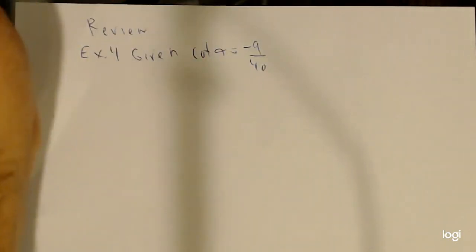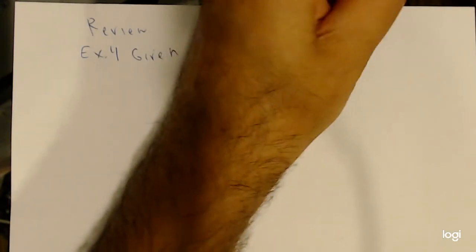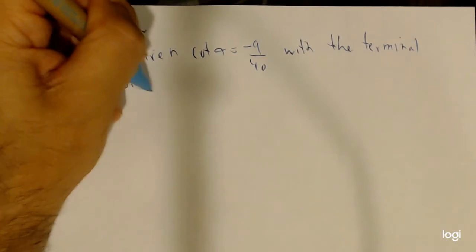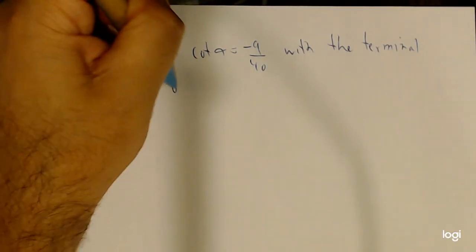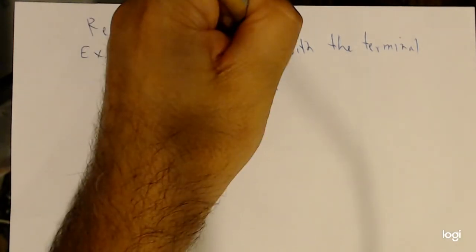So if I say given cotangent of alpha is equal to negative 9 over 40 with the terminal side of alpha in quadrant 4.